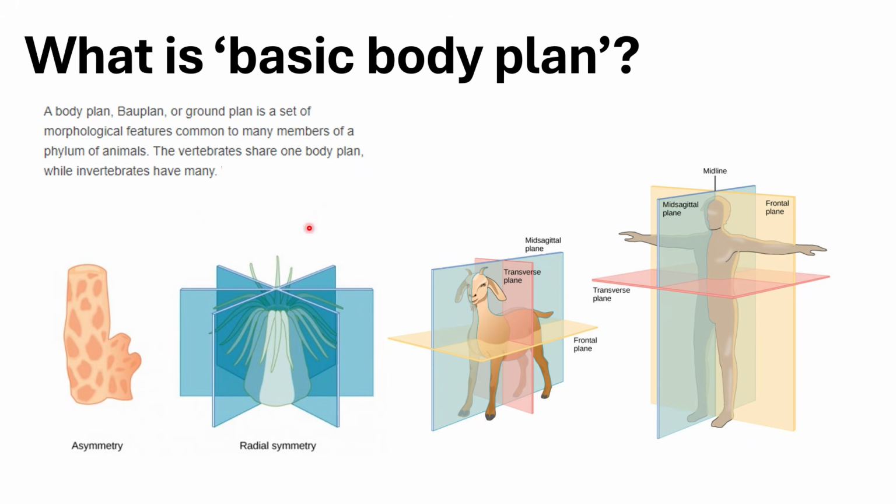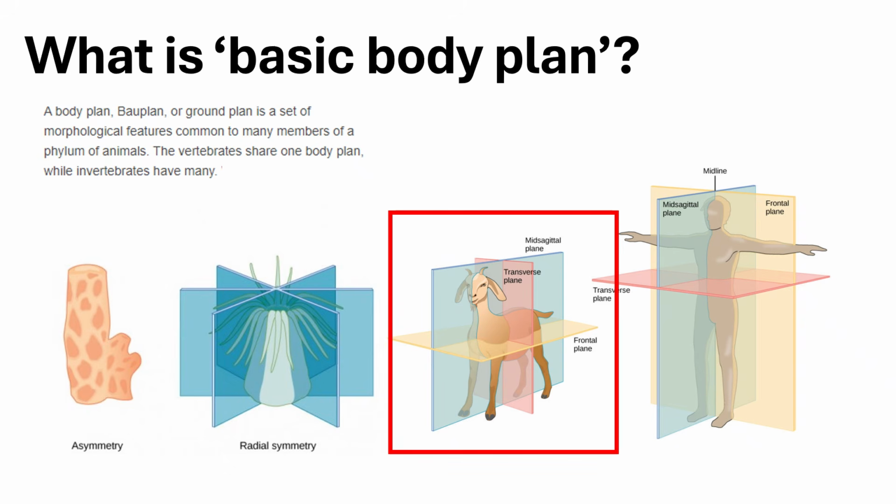So these basic body plans are already ingrained into the DNA of all of these animals. Okay, even before the animal is given birth to, there's already a plan embedded in the individual cells that form the fetus of the animal.